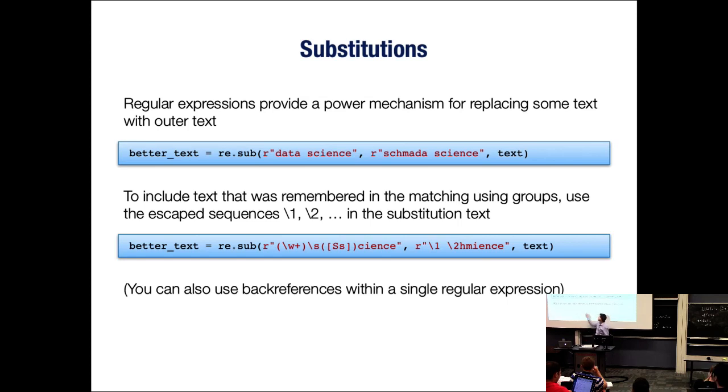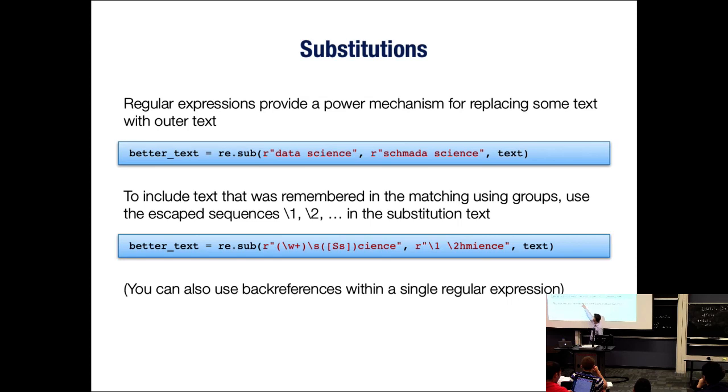If it's capitalized, this grouping here would be an uppercase S. Otherwise, it would be a lowercase s. And I replace them with this thing. And what this \1 means in the context of a regular expression substitution, though you can also use it in a single regular expression, is that it refers back to the first group that was matched there.